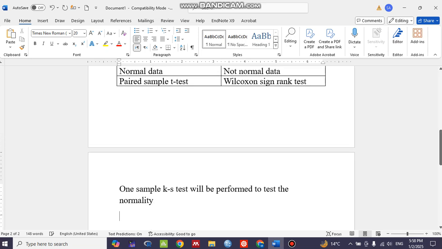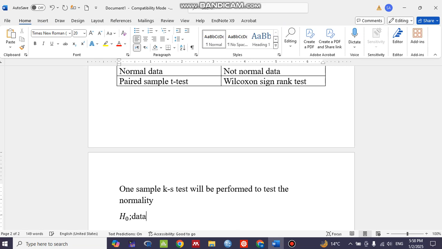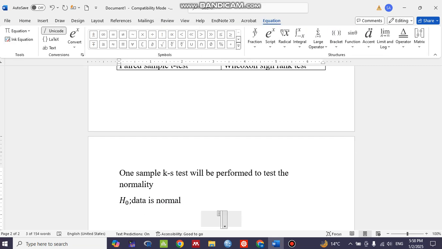In this case, our null hypothesis will be data is normal, and the alternative hypothesis in this case is data is not normal.